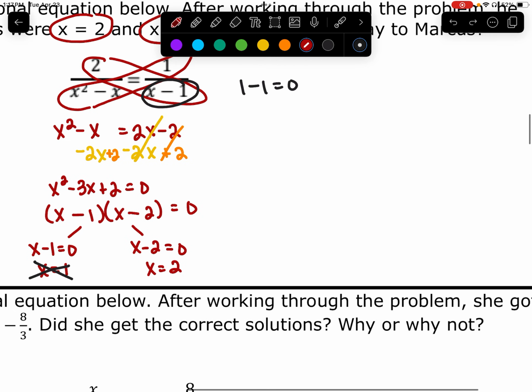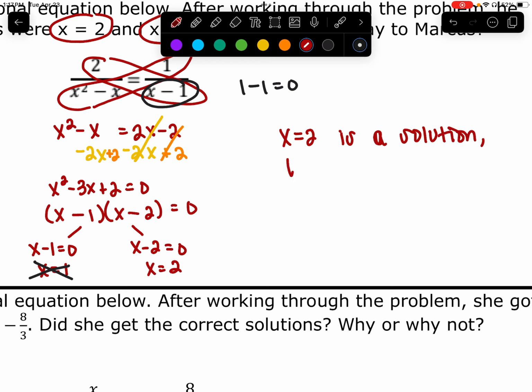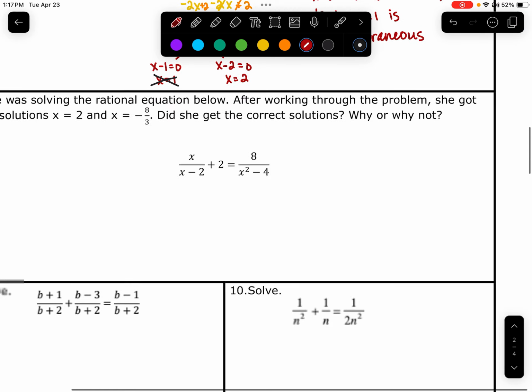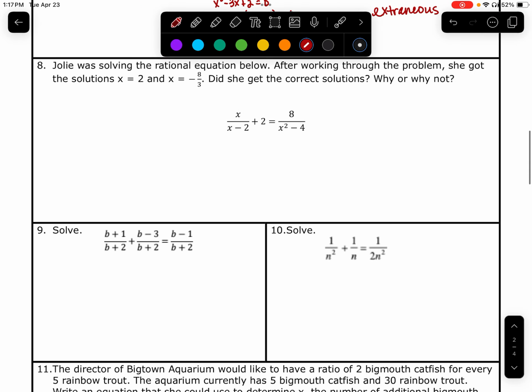So I guess we could tell Marcus that x equals 2 is a solution, but x equals 1 is extraneous. Go ahead and try number 8.